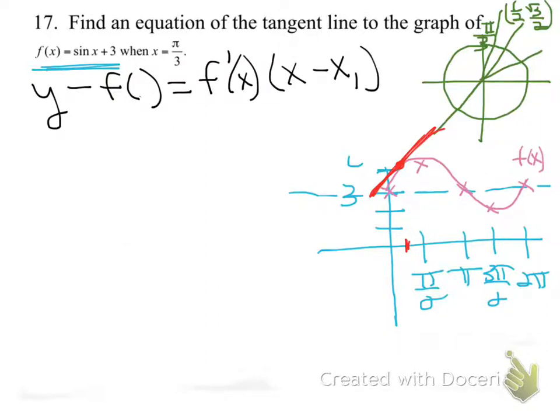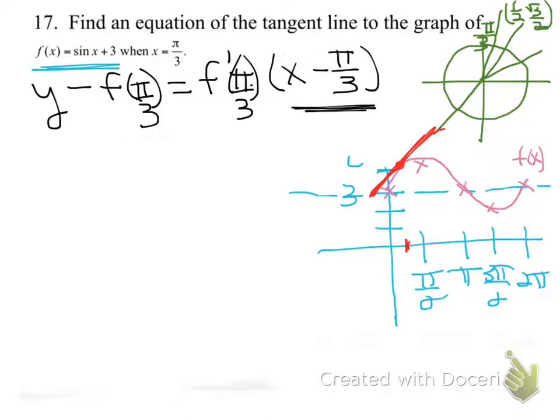I know what the x is. They want x to be pi over 3. So let's plug in what we know. This is pi over 3. This is pi over 3. This piece is now done.